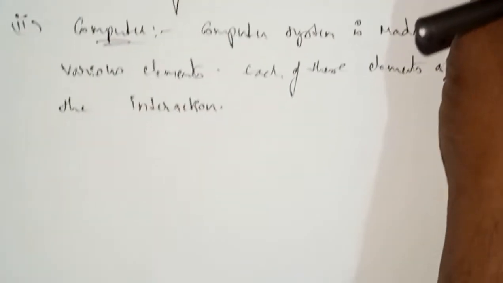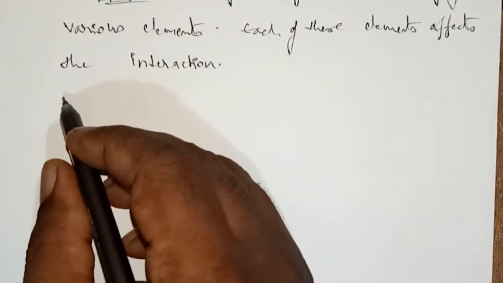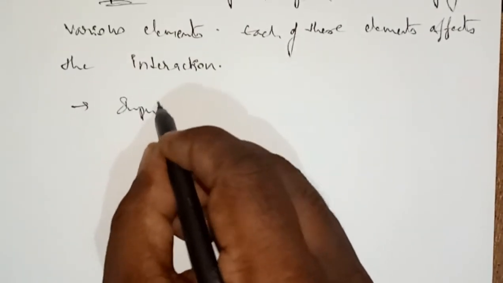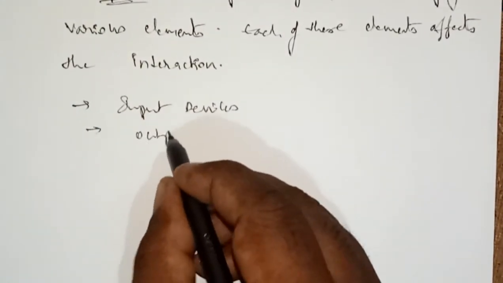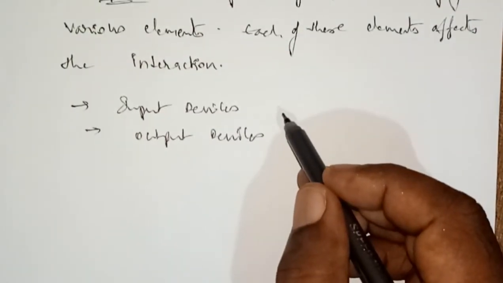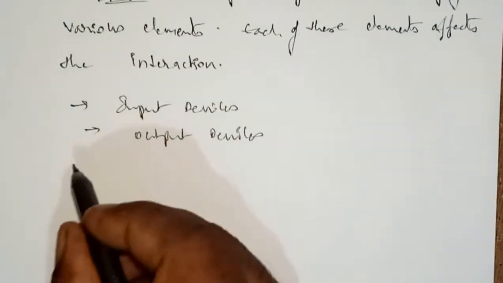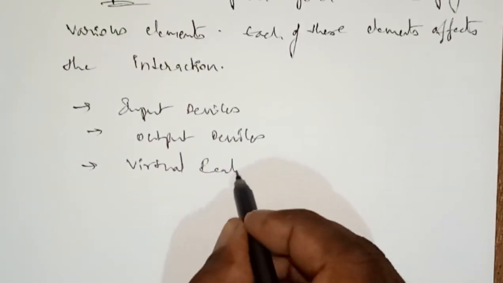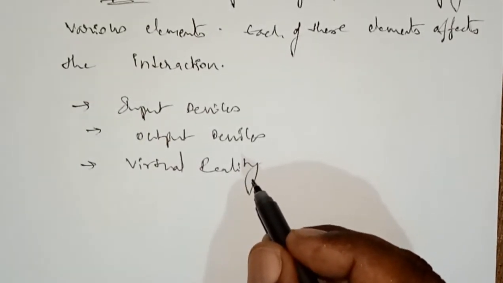As input devices, we can use a mouse or a keyboard, which is used for entering text. Next, output devices, where we can see the output on screens and monitors. Then virtual reality, which is a special interaction and display device.